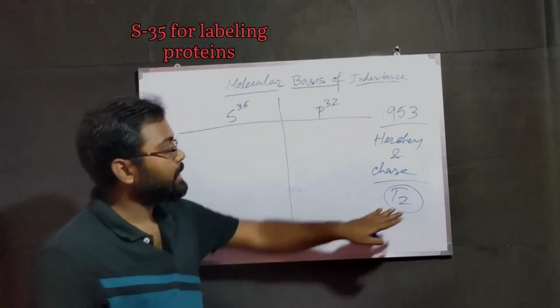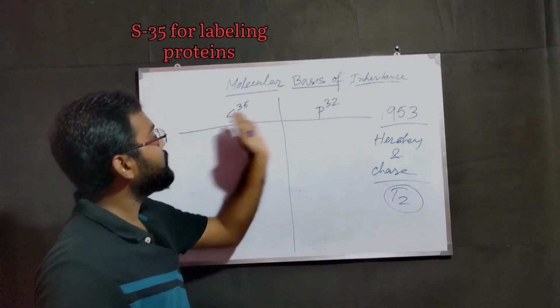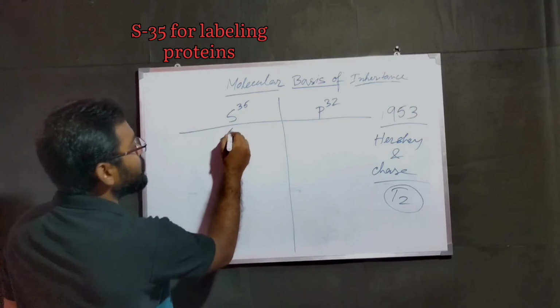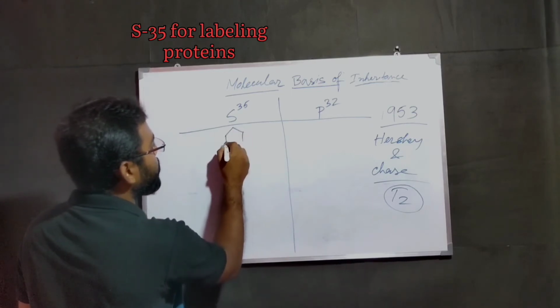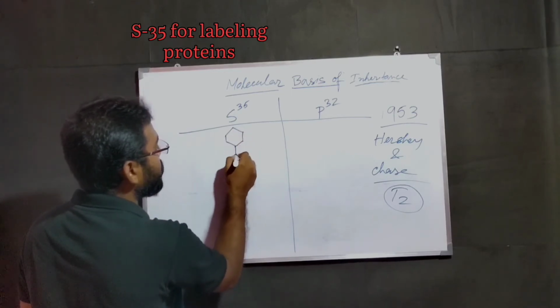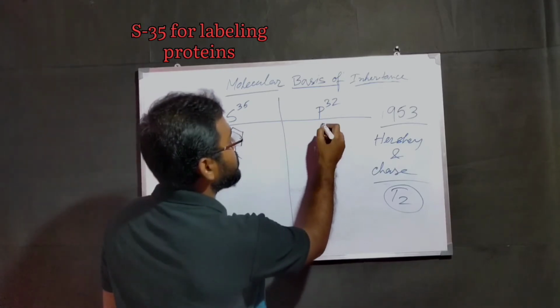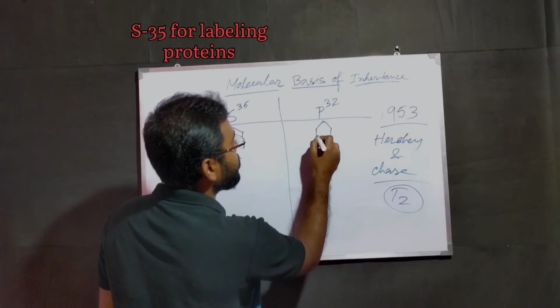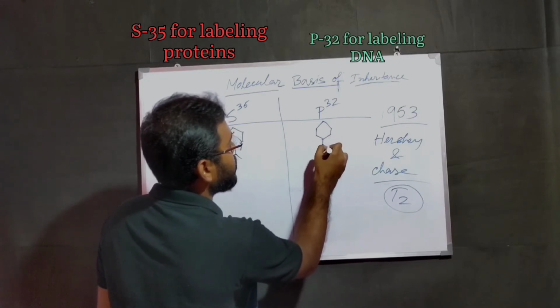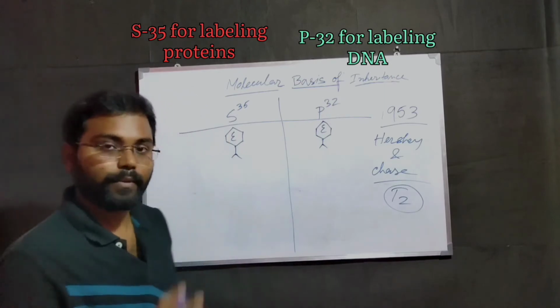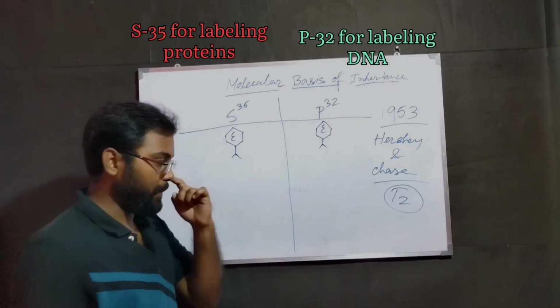They labeled T2 phage with the radioisotopes. So suppose this is the bacteriophage which is labeled with S35, and this is the bacteriophage which is labeled with P32. Now they start the experiment.